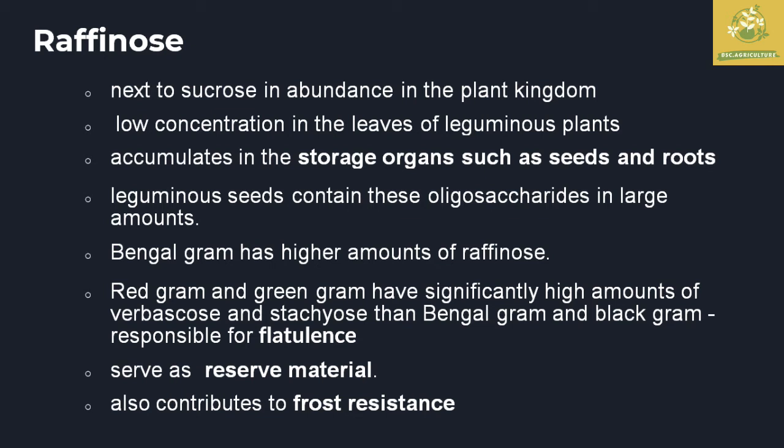Red gram and green gram have sufficiently high amounts of raffinose and stachyose compared to Bengal gram and black gram, responsible for flatulency. They serve as a reserve material for most plants and also contribute to the frost resistance of Bengal gram and many other crops.